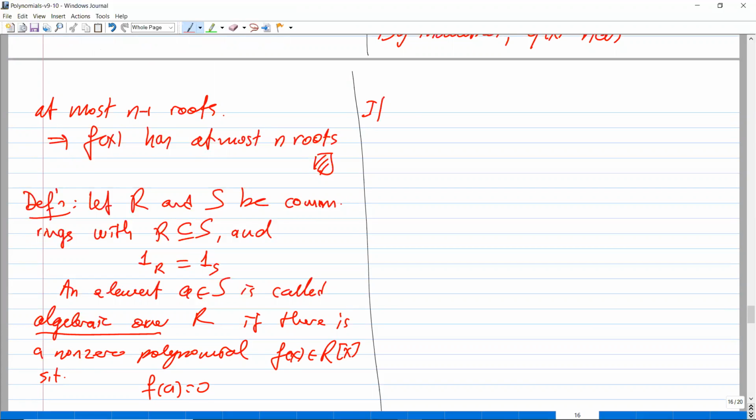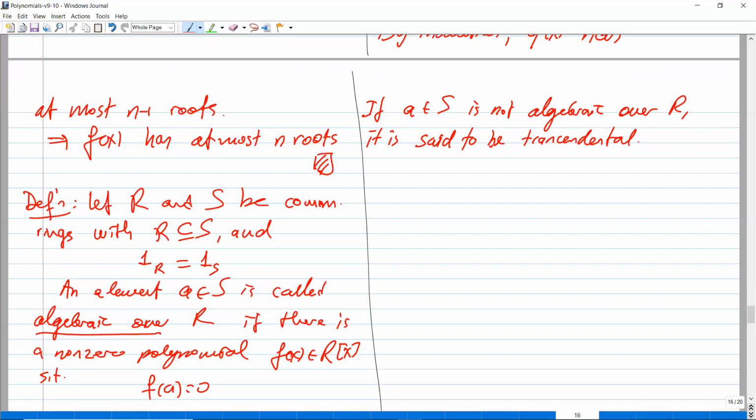So if a in S is not algebraic over R, then we say that it is said to be transcendental. So remember transcendental functions, transcendental over R. So here is an example.